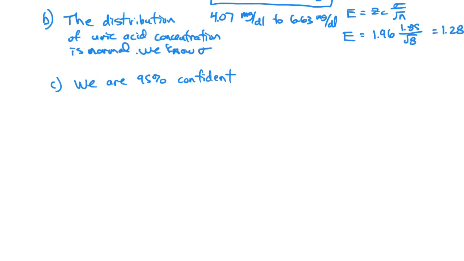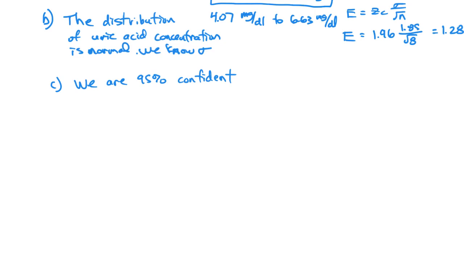It speaks to the process we're using. It's a mathematically precise statement that says if we do this process 100 times, take 100 samples, 95 of these samples will yield an interval that captures the true population mean.